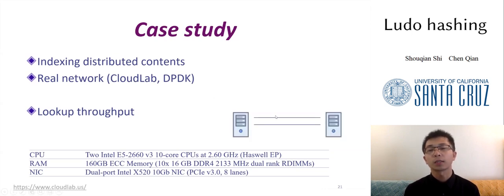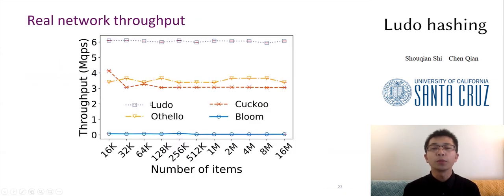The two machines are connected back-to-back via a 20 gigabit OpenFlow switch in layer 2. We run a real network indexing server based on DPDK. The throughput is evaluated in terms of million packets per second, and the packet size is 45 bytes. The maximum throughput is bounded by the bandwidth of the NICs, 20 gigabits per second in total.